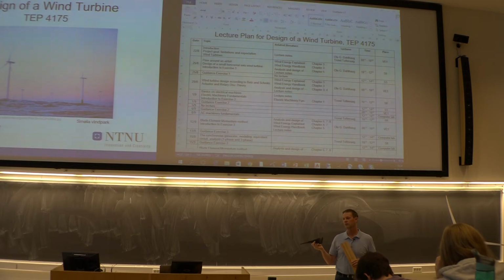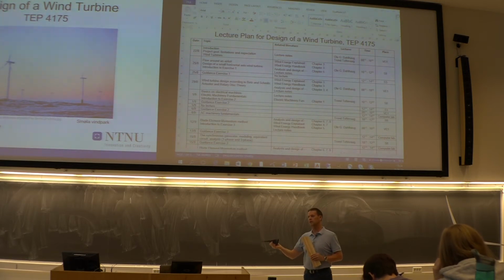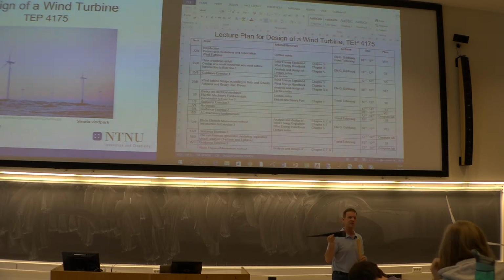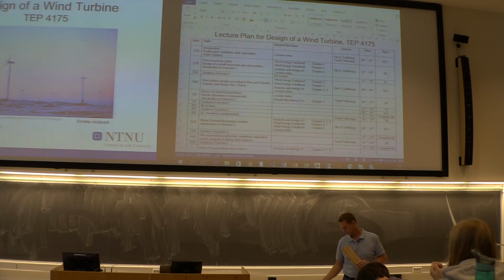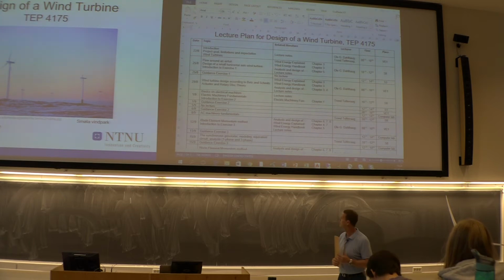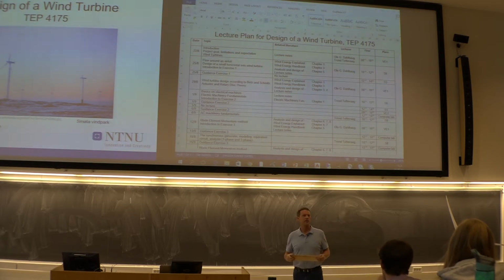Because anything we are doing from now is based on this first design evaluation. It will be your first turbine, actually. And along the way, we will change it because we will optimize it based on theoretical input. Any questions?